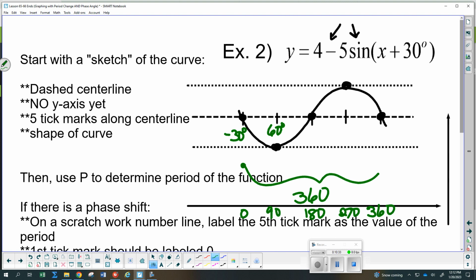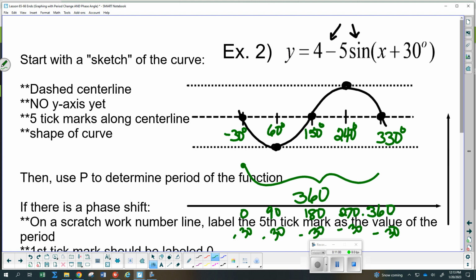If I move the 180 to the left 30, so I subtract 30, it is 150 degrees. 270, move it to where? 240, because I move it to the left 30 degrees. If I move 360, where does it go, Austin? 330.